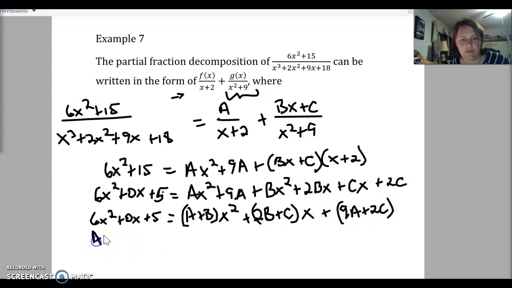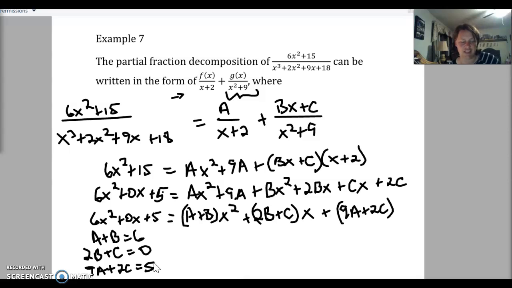Okay, so we get a plus b equals 6, 2b plus c equals 0, and 9a plus 2c equals 15. So quite a system of equations there. You have 3 unknowns and 3 equations, so it is possible to solve all of that. I'm going to go ahead and pause it, and then I'll just give you the answer for that one to make sure you work through it properly.